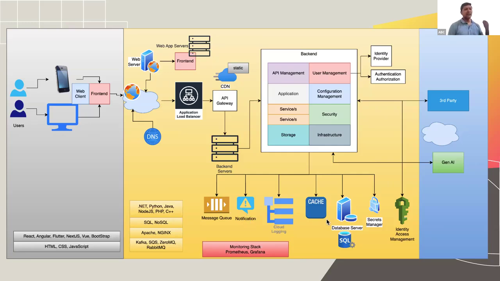There could be logging, there could be cache, and there could be something like secrets manager where your application and your infrastructure has to keep some passwords, very application specific passwords, system specific passwords, or any codes and secrets. They are kept in this, and there is identity and access management that happens.